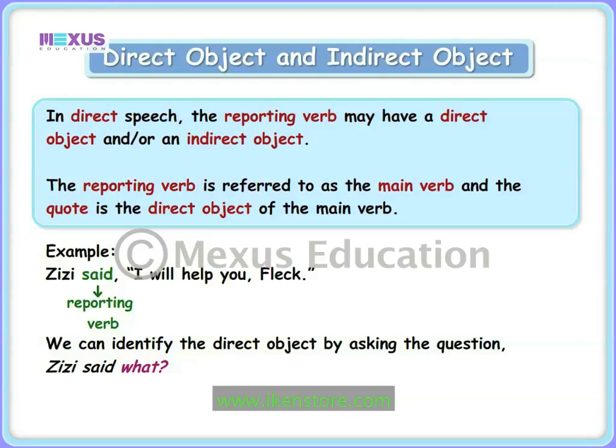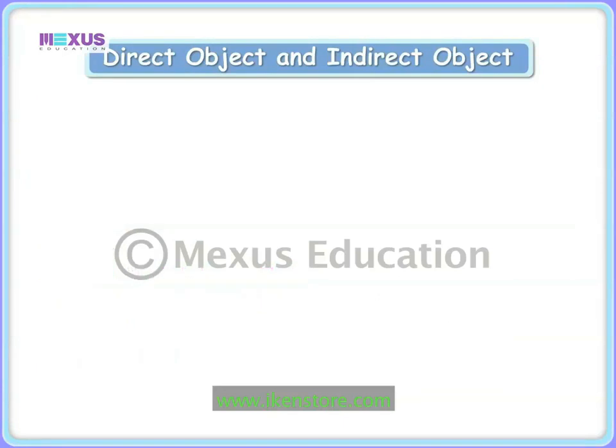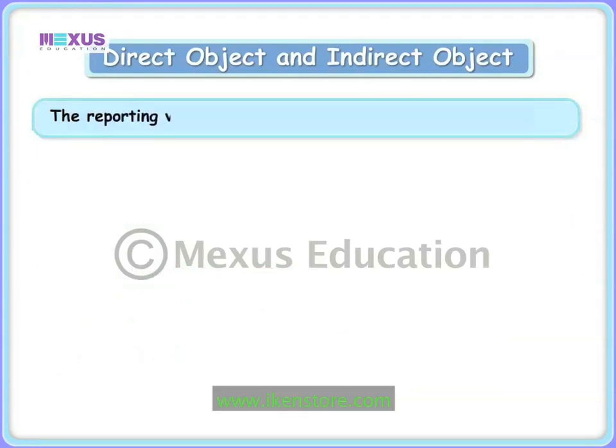The answer will be the quote, which thus becomes the direct object of the verb. The reporting verb may also have an indirect object.